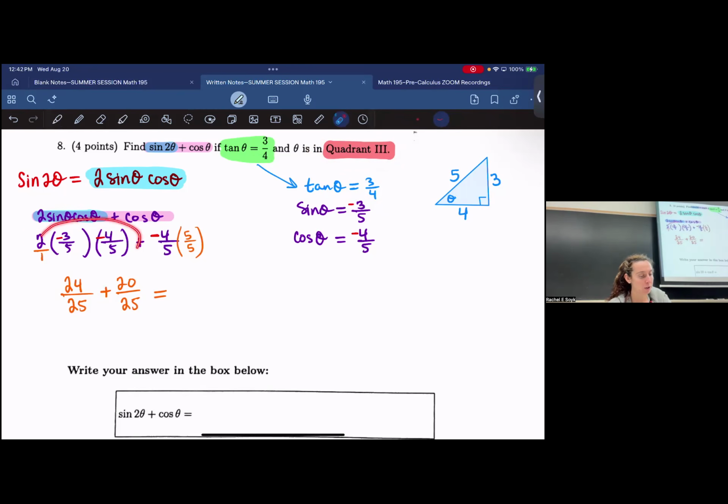It doesn't change that first result because a negative times a negative is a positive, but it does change that last result. Instead of adding 20 over 25, we're subtracting 20 over 25. And so our final answer is just 4 over 25. And we're done.